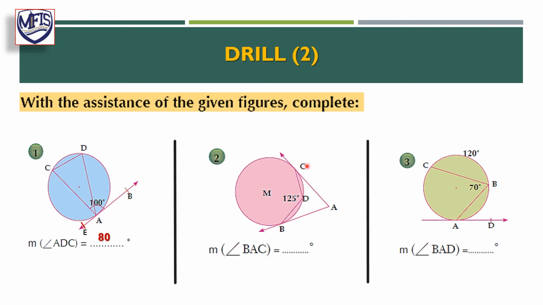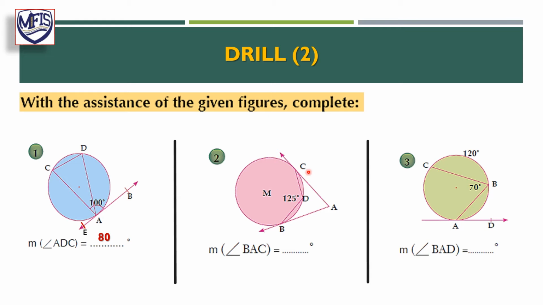What is the measure of arc CB? Here I have angle CDB, inscribed, subtending arc CB. Then measure arc CB equals twice 125.